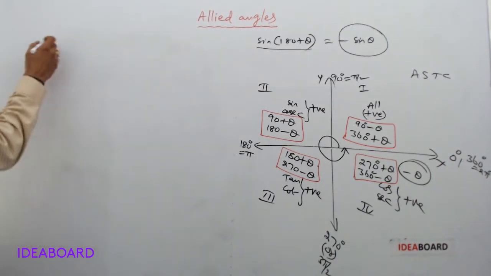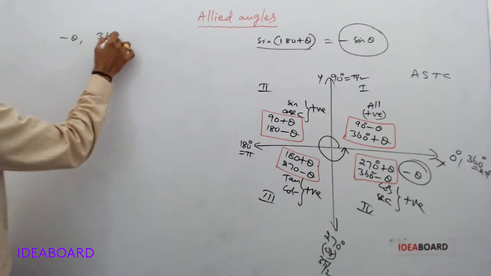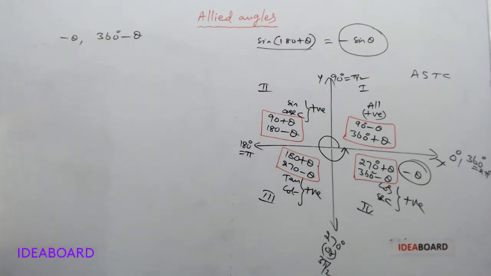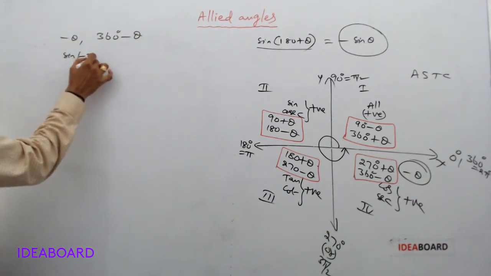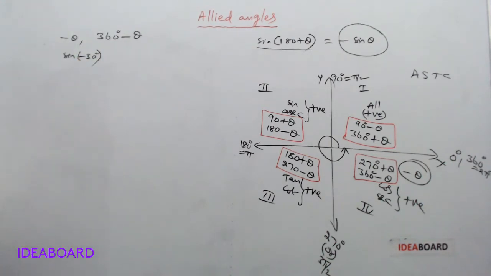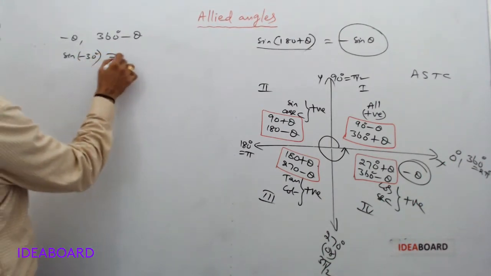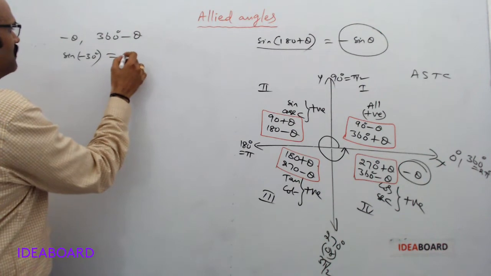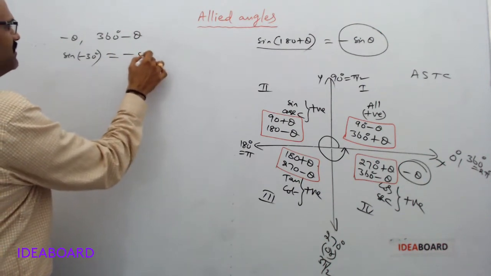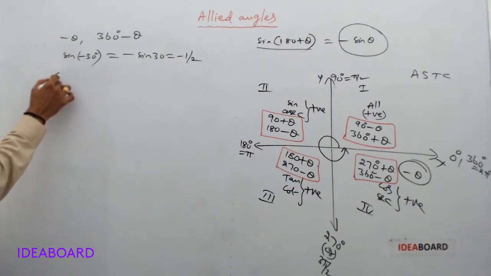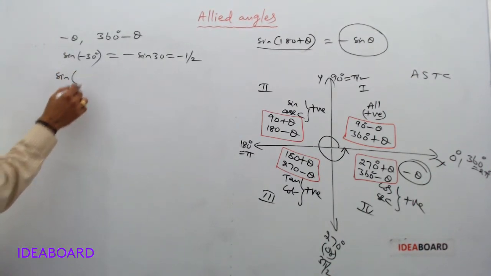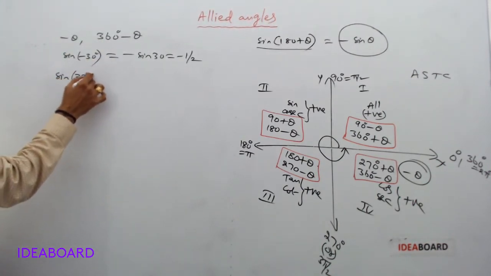Similarly, minus theta and 360 minus theta. Here sine of minus 30 equal to minus sine 30 equal to minus 1 by 2. Now sine of 330 degrees.